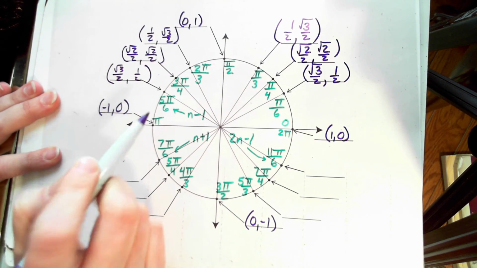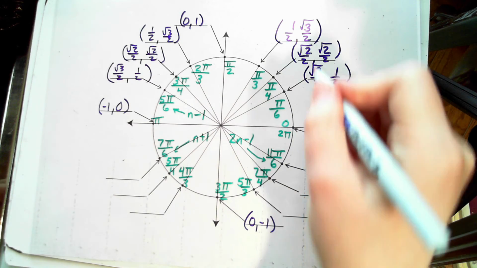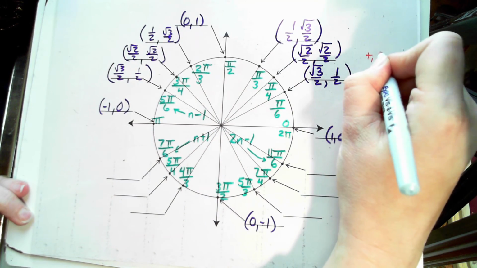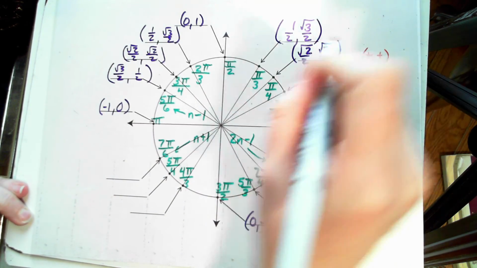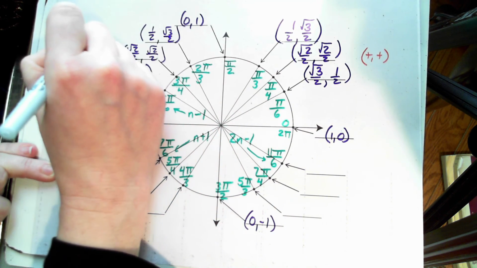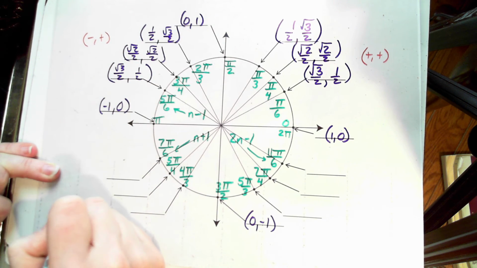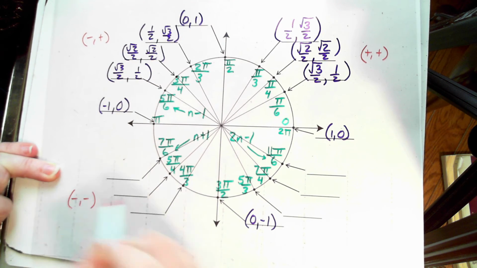Now, I do need to adjust for the signs of my quadrant. Now, let me write in the reminders of the signs. Okay, here you're going to have positive, positive. Over here, remember the x is negative, the y is positive. Down here, it's negative, negative.